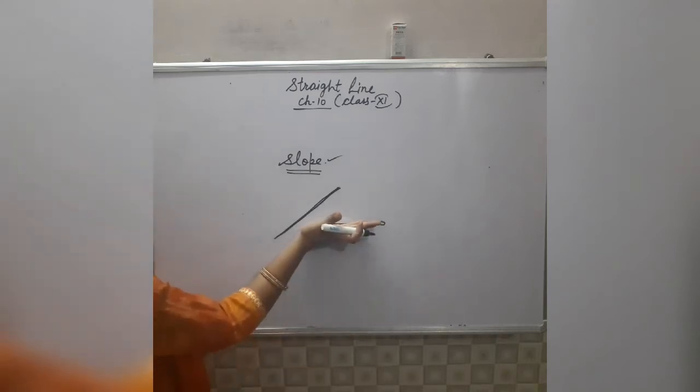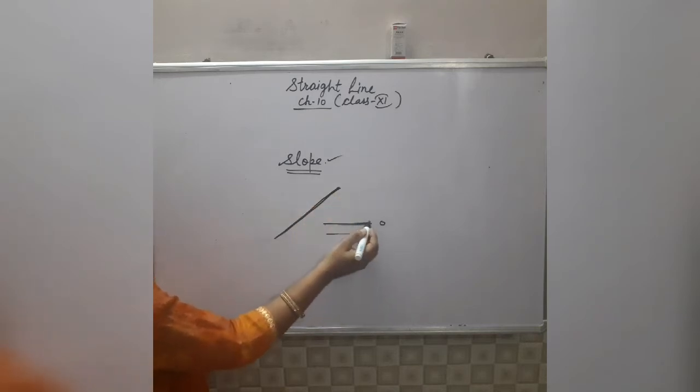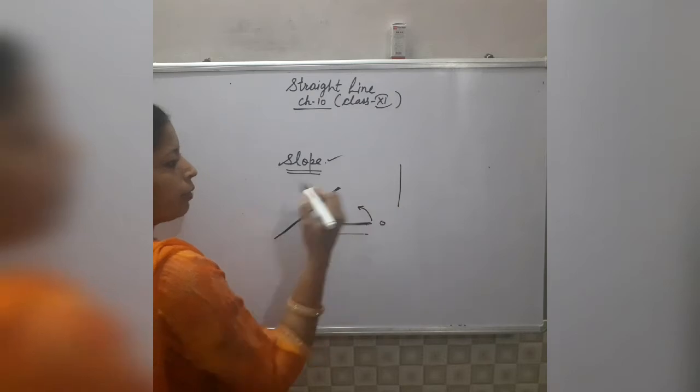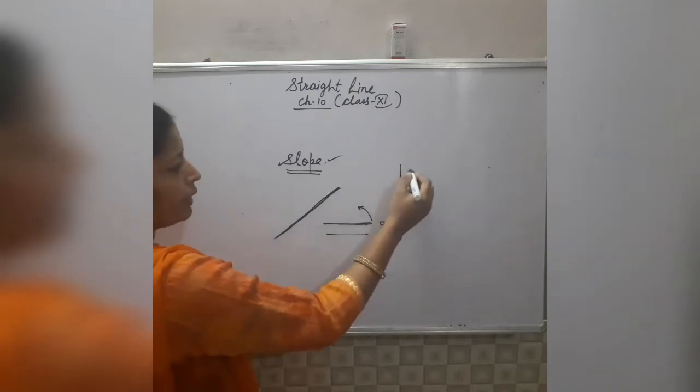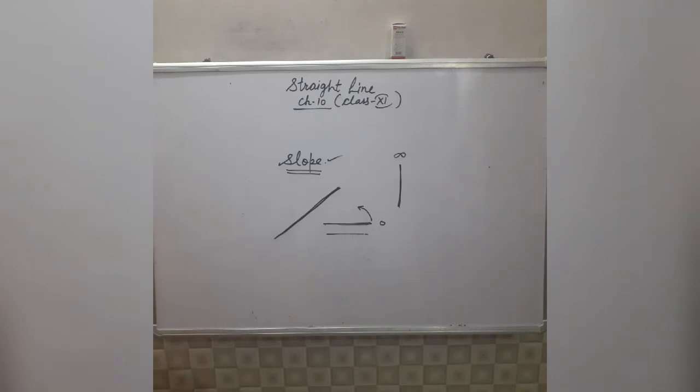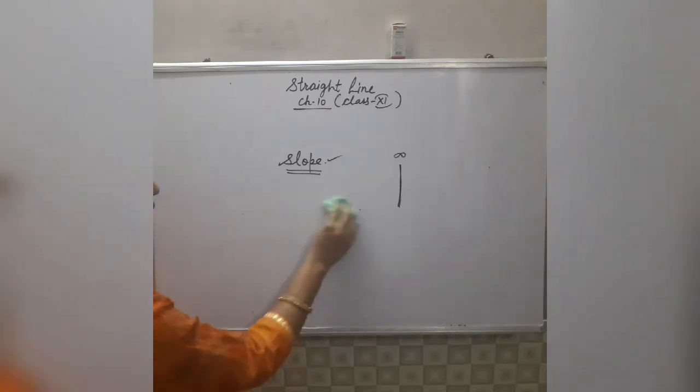As this line is slanting, its slope increases, and as it becomes vertical, or you can say parallel to y-axis, in that case value of slope will be maximum, means it will be infinity, plus infinity.